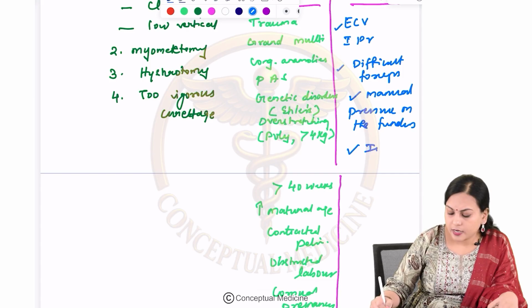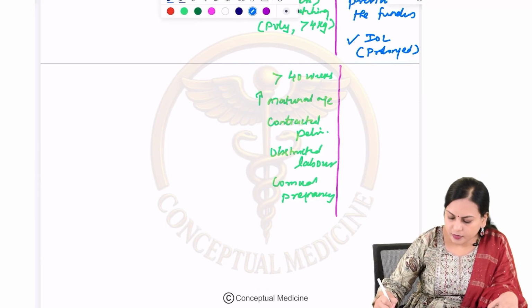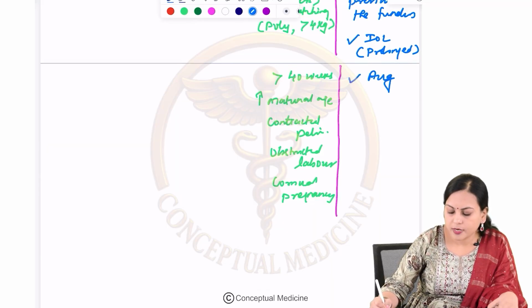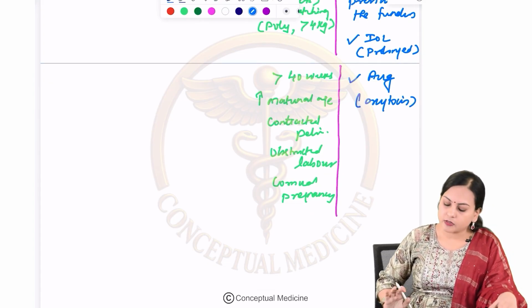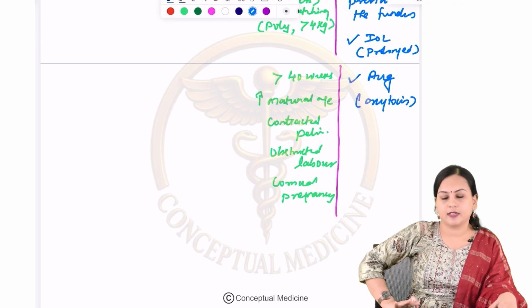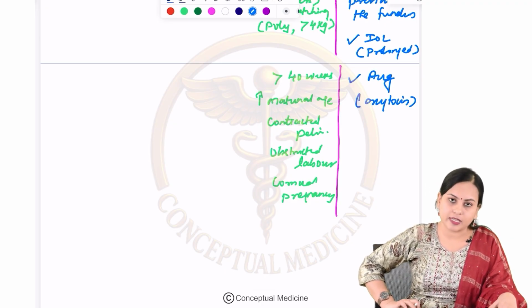There was induction of labor which was prolonged. Then sometimes augmentation of labor with oxytocin can also cause rupture of uterus. Clear? So that's why we always say while you are augmenting the labor with oxytocin, one-to-one monitoring is needed.